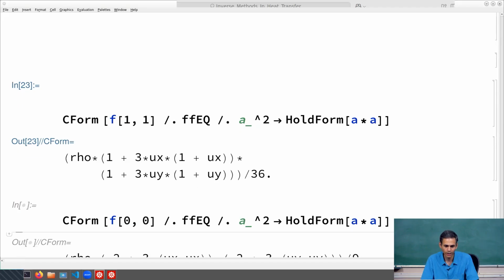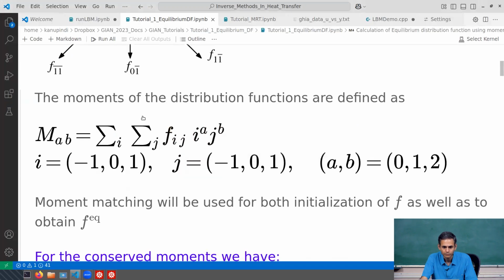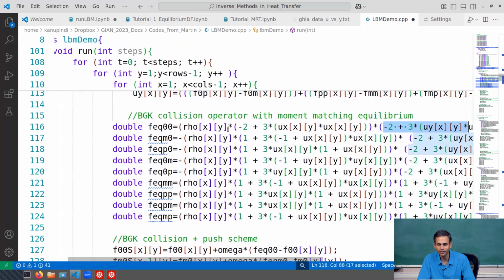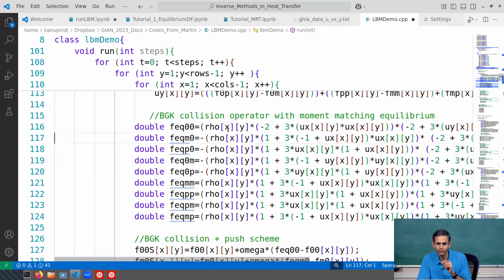That's what we got. Similarly, I can write f00 like this and then calculate, that's going to give me what is f00 equilibrium, correct. So if I go back to my C++ code, I have f equilibrium 00 equals rho times minus 2 plus 3 ux square times minus 2 plus 3 times uy square, divided by 9.